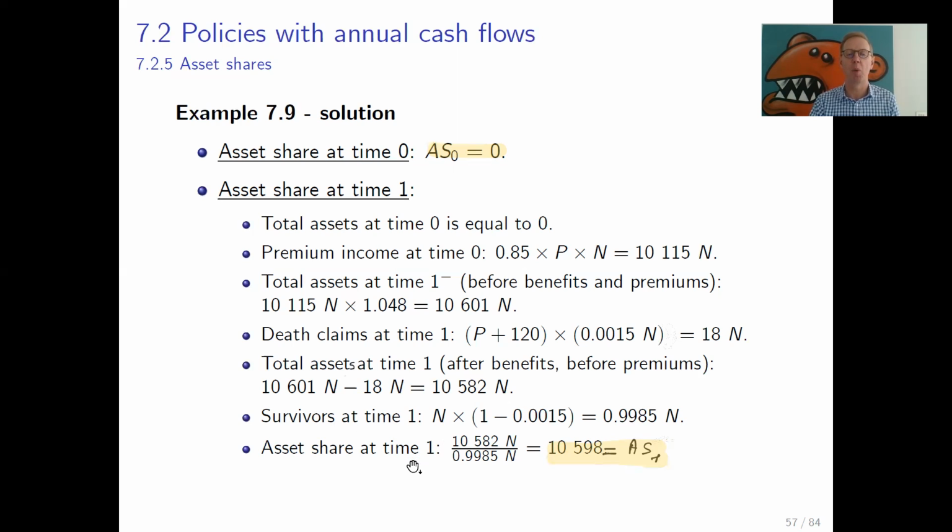The asset share at time 1 is then the available assets per survivor, or 10,582 n divided by 0.9985 n, which gives us 10,598. That's the asset share at time 1, which is of course independent of n, because the asset share is the amount per insured, per survivor.